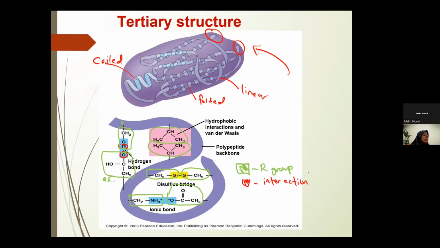Alright, so yang warna merah tu interaction. Okay, now kita dah tahu, first one is the hydrogen bond. Okay, done? Settlekan hydrogen bond dulu. Okay, next we go to the second one.